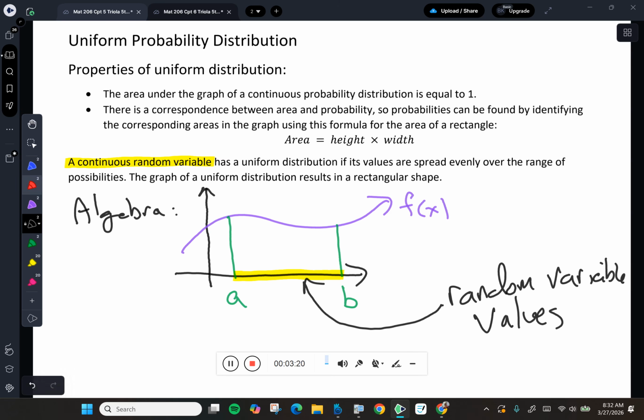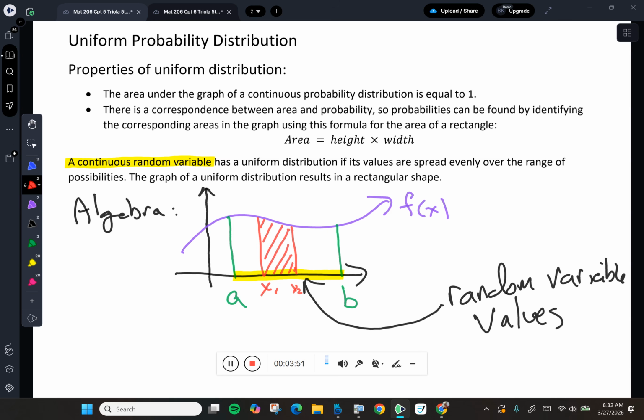And then someone's going to come to you and say, what's the probability that it's from here, some x sub 1, to here, some x sub 2? And you're going to say, okay, I can do that. I just need to measure, to calculate the area that is under that curve from x sub 1 to x sub 2. When I find that area will give me then the probability that the random variable is between some x sub 1 and x sub 2.